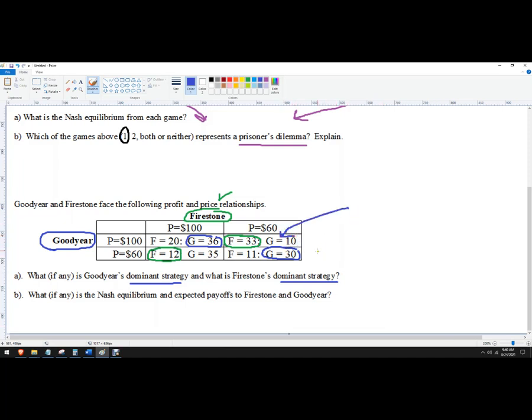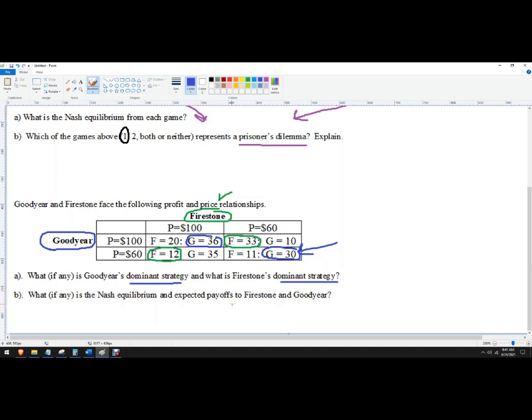This would be like if one player moved ahead of the other player. Or if Goodyear knew that Firestone was going to pick 60, then they could go ahead and pick 60, and we'd end up right there. What, if any, is the Nash equilibrium? Well, there isn't a Nash equilibrium, and there doesn't have to be.